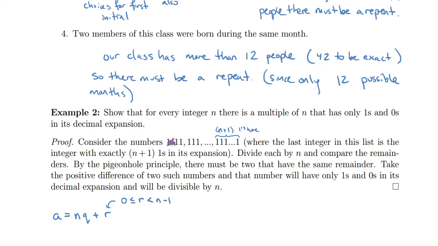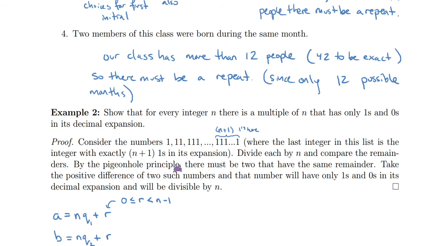You can do that for all of these. But since there are n plus 1 of them, what does that mean? There will have to be another one that looks like this. Let's call this q1 and this q2, but they will have to have the same remainder. That's because of the pigeonhole principle.